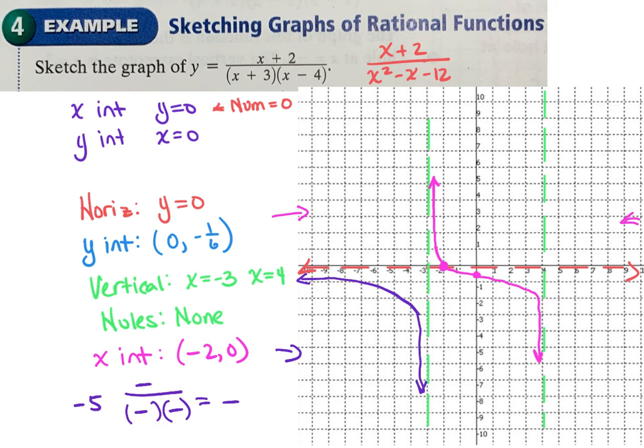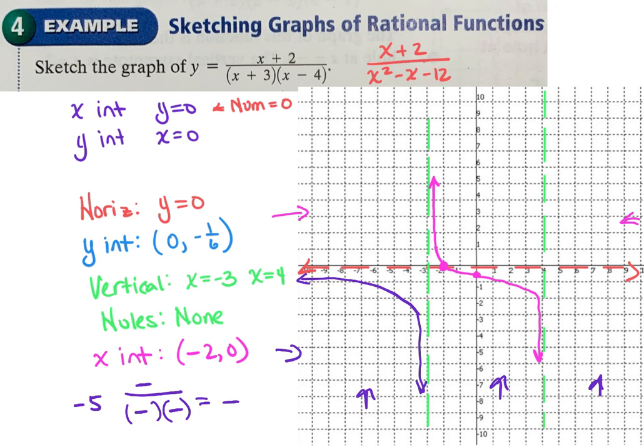Okay? So now I just need to go to the other side and figure out what it's going to do on that side. So you're basically taking a chunk at a time. We figured out what the middle does by my intercepts. We figured out what this guy does by just picking a number and figuring out if it's in the positive or the negative. So we're going to do the same thing here. Positive 5. What happens with positive 5?